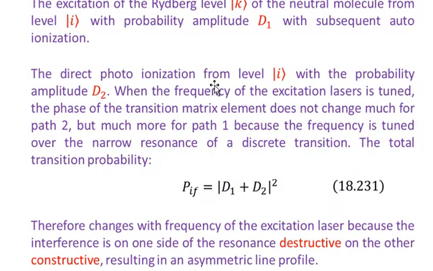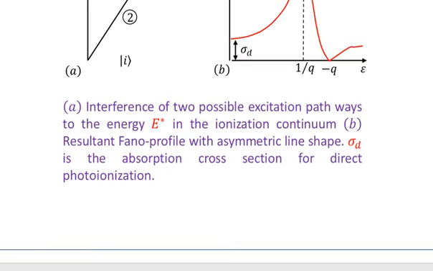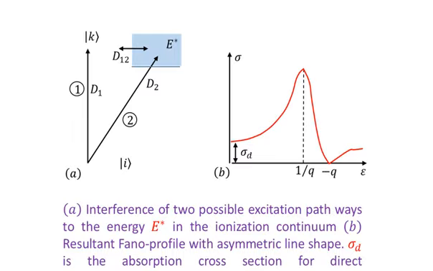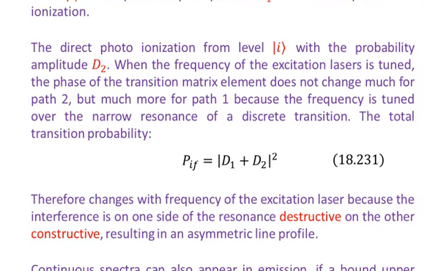The direct photoionization from level I with probability amplitude D2. So D2 is the probability amplitude for the direct photoionization from the state I to the band indicated over here.